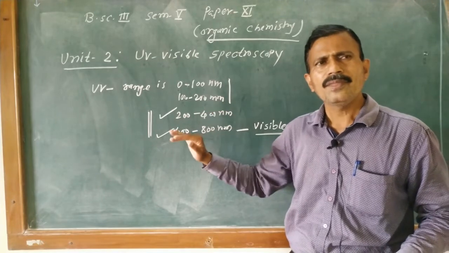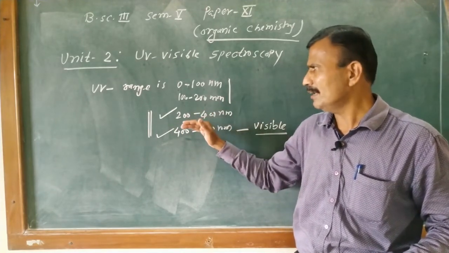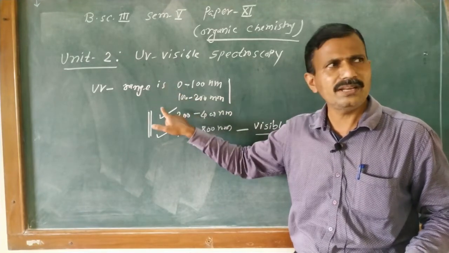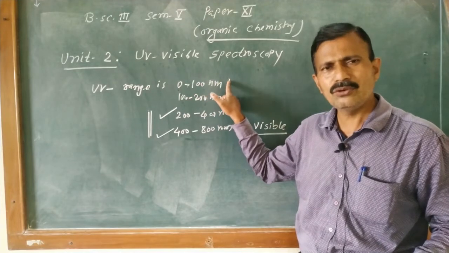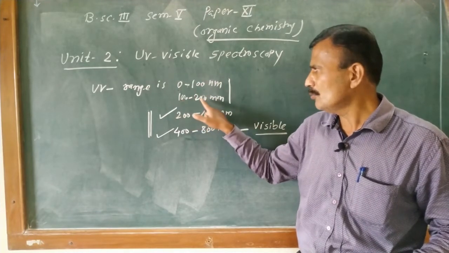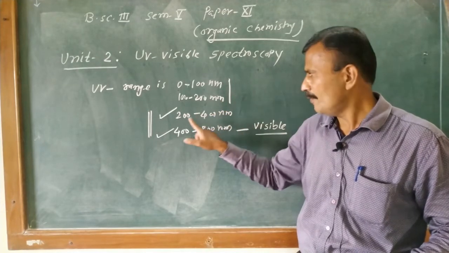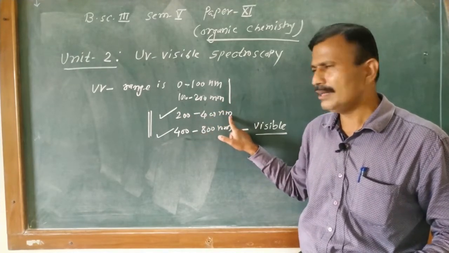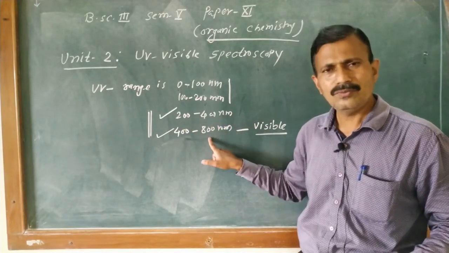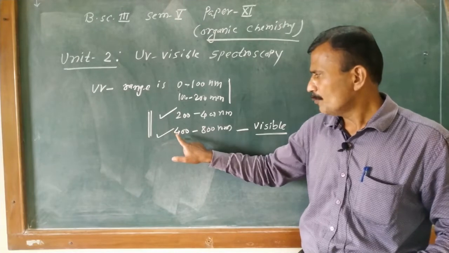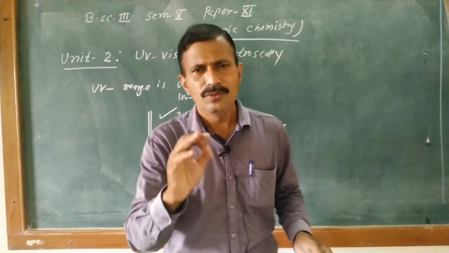For our understanding, we may divide the UV range: 0 to 100 nanometer is called vacuum UV, 100 to 200 nanometer is called mid UV, while the 200 to 400 nanometer region in the UV light is called near UV. The 400 to 800 nanometer region is the visible region.